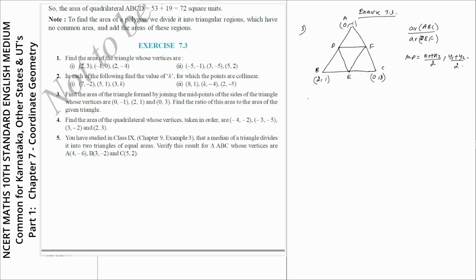Okay, now the midpoint of AB is 0 plus 2 by 2, comma minus 1 plus 1 by 2.